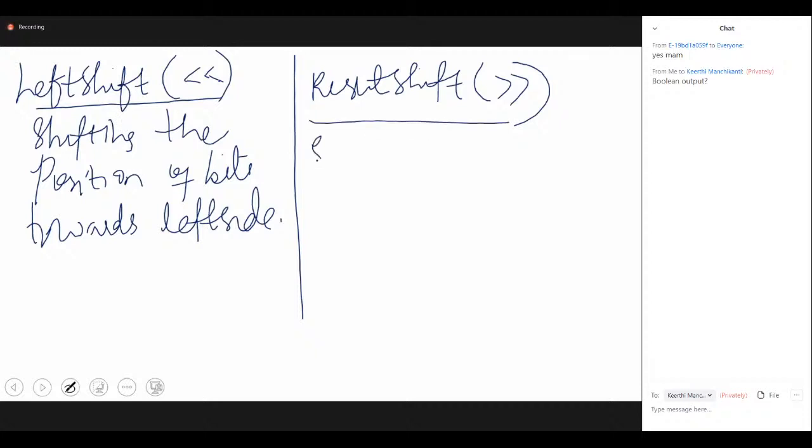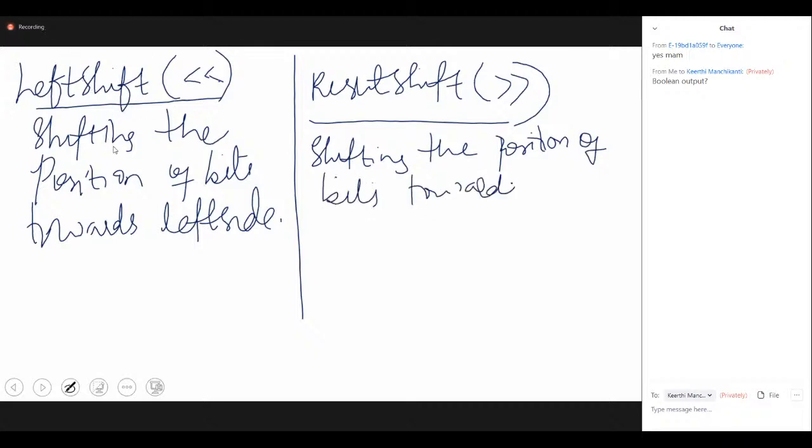Right shift is shifting the position of bits towards the right. We are not increasing anything here, we are only moving the position of bits from one location to another. That shift can be towards the left side or towards the right side.